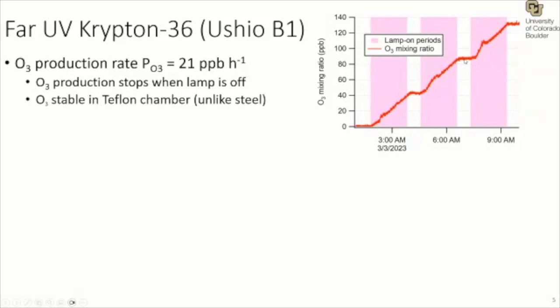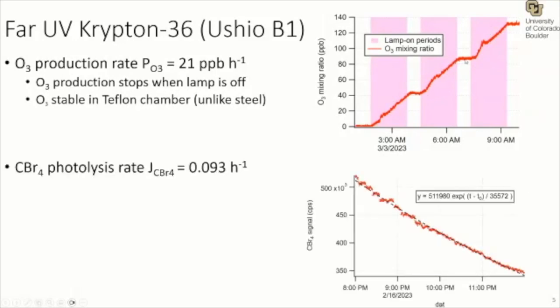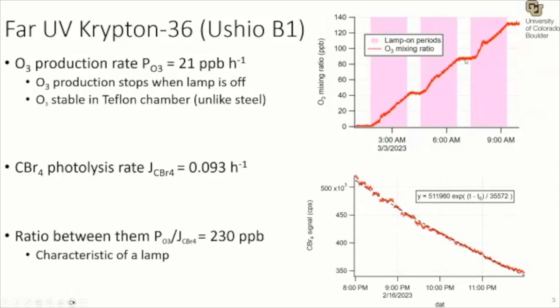This is unlike Michael's experiments in a steel chamber. We also measured a CBr4 photolysis rate of 0.093 per hour for this Wuxio B1, and we have the ratio between them, 230 ppb. This can be regarded as a characteristic of a GUV 222 lamp.